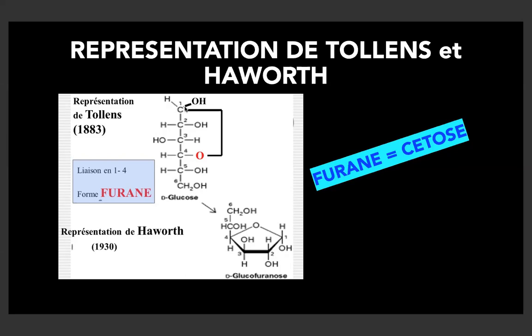Representation de Tollen and Fischer are not the same thing, but they almost look the same. Representation de Tollen has one thing missing: it does not show which carbons are asymmetric. If a carbon atom is asymmetric, we put two stars, two étoiles.